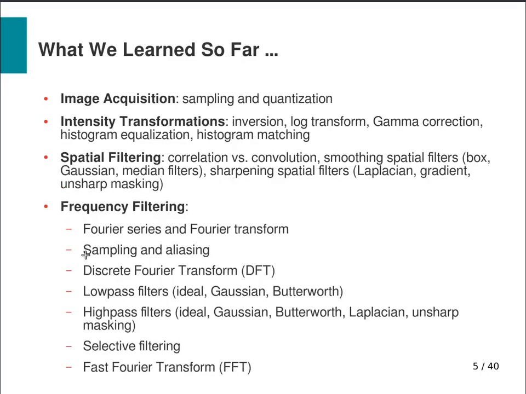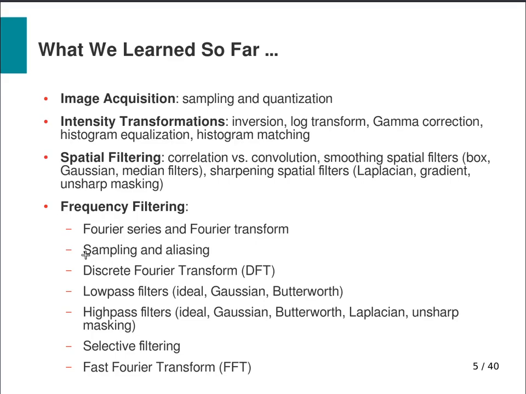And then in the last chapter that we discussed, chapter 4, we talked about Fourier series and Fourier transform, mainly in the continuous domain first. Then we talked about how sampling would change the Fourier transform and what some of the artifacts of sampling are.